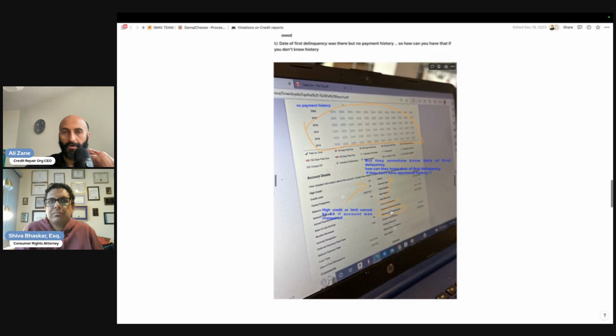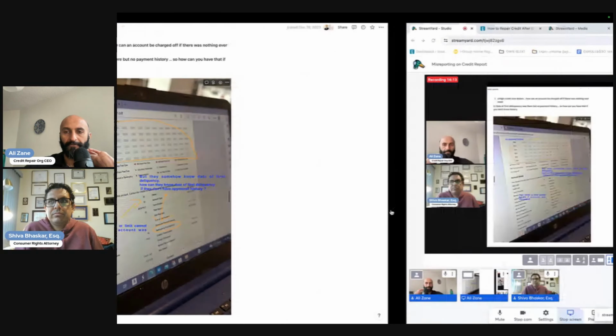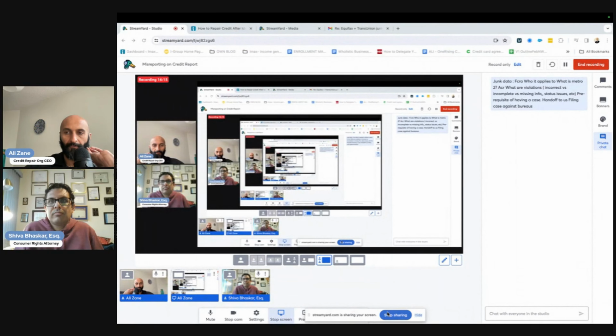Amazing. So those are some of the major violations to look for on the credit report. And once you find these, what we basically suggest is putting in credit bureau disputes, disputing it with the credit bureaus via certified mail, and including your ID, social security number, and utility bill as well.